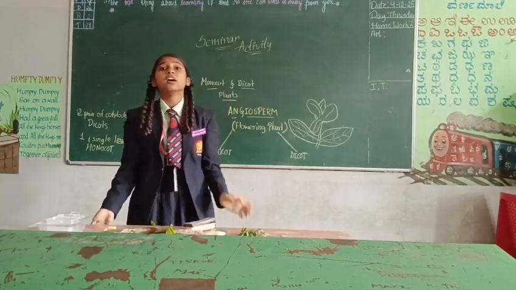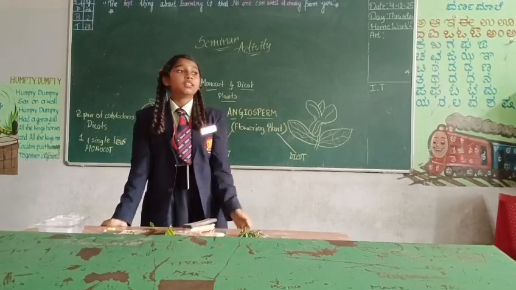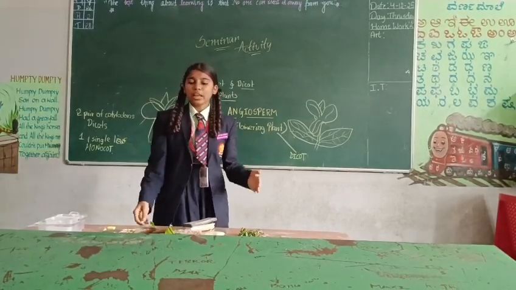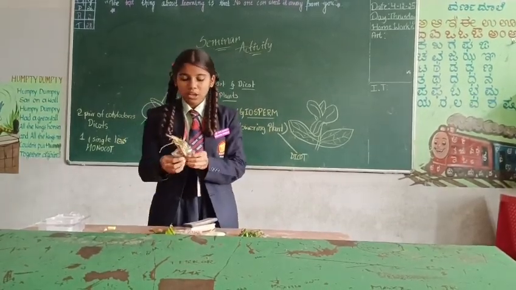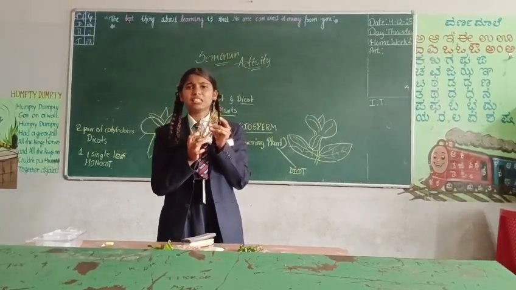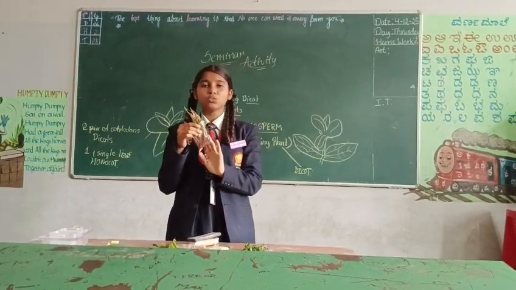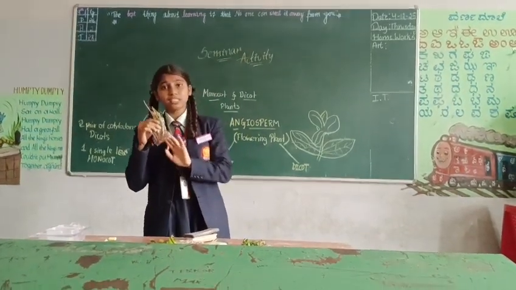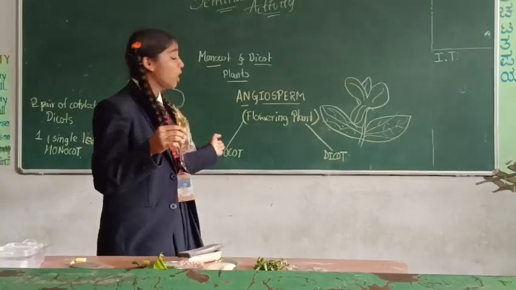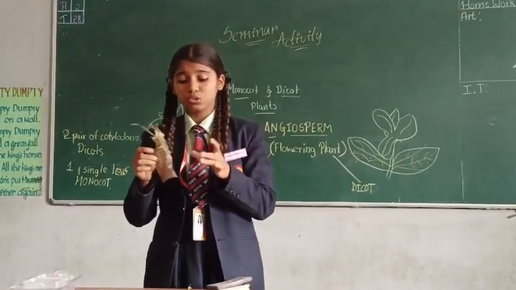Not only this, when we look underground, we can see their roots. Here you can see this plant has a fibrous root. If the fibrous roots are all of the same size, it is known as a monocot root.